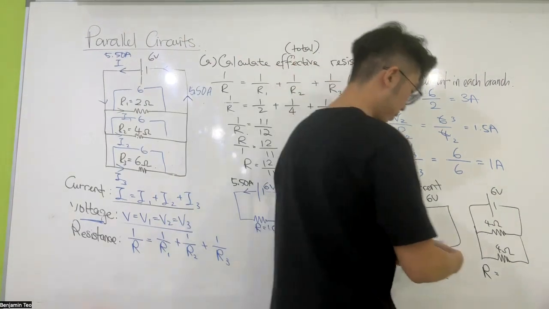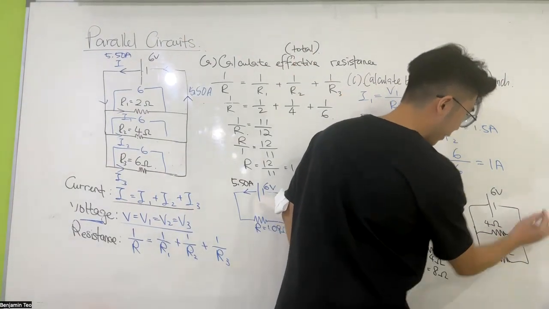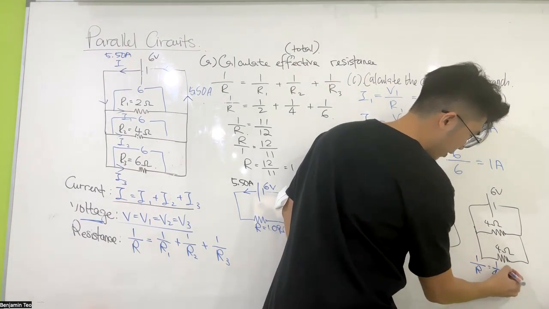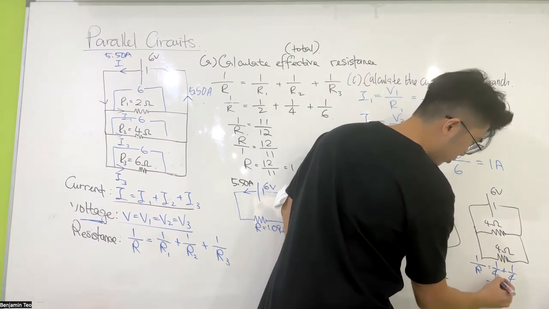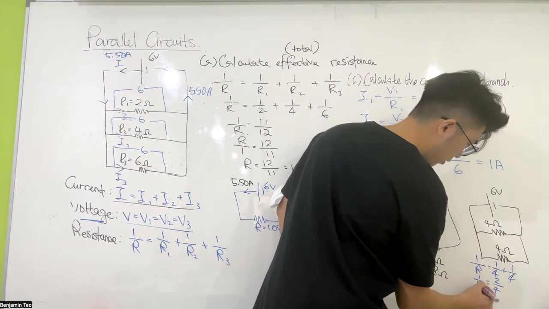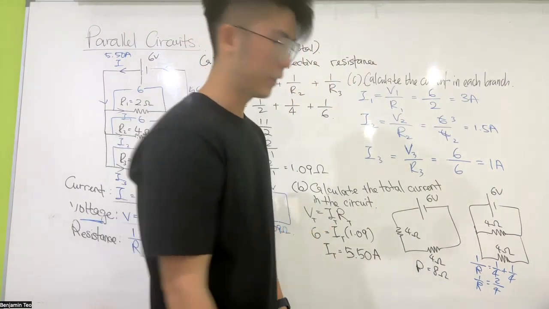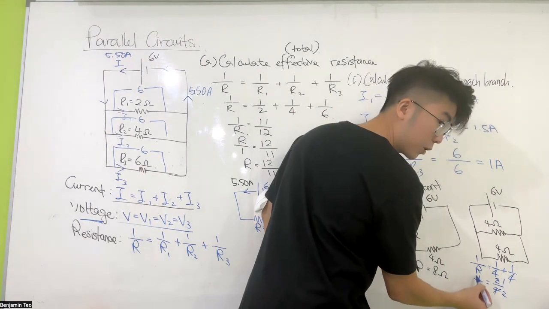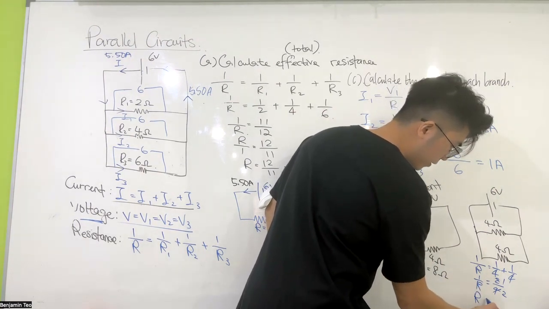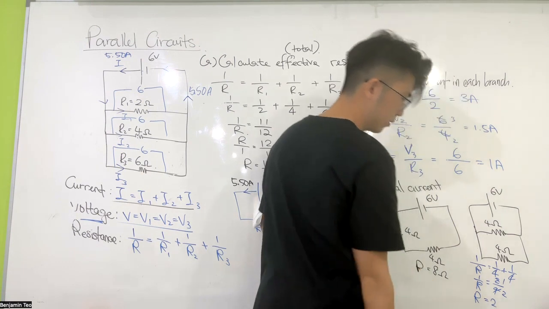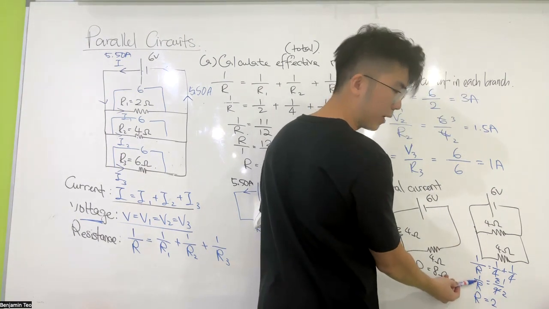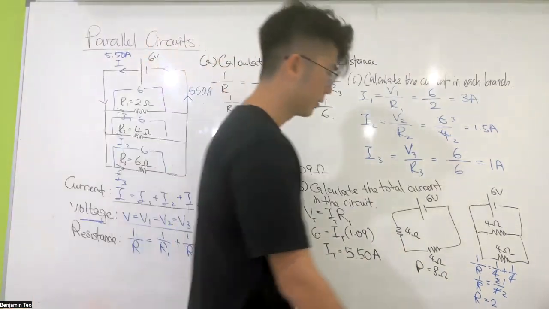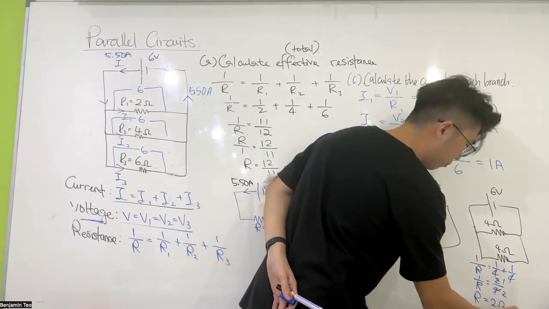One over 4. Okay, you have to do the formula, right? 1 over R equals 1 over 4 plus 1 over 4. That's 2 over 4, which is 1 over 2. Don't forget to switch this one. I want R, not the 1 over R. So you have to switch it back. R is equal to 2. Your R is 2 ohm.